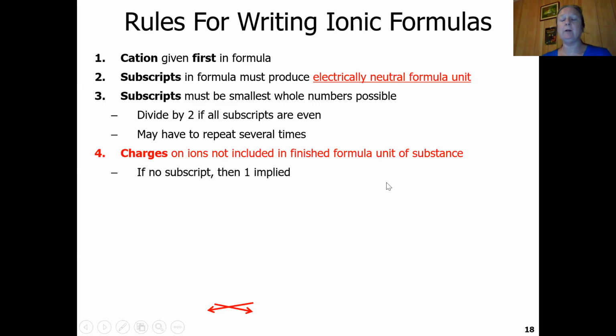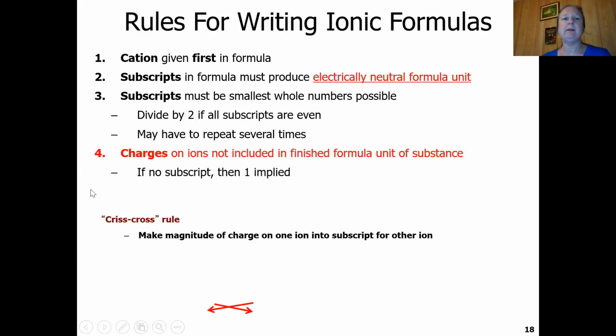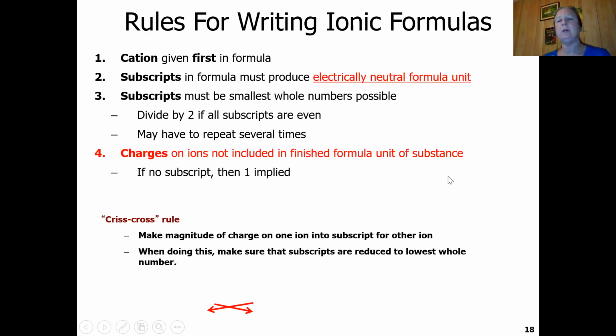So your final formula unit, your final chemical formula, is the simplest ratio. It can't be broken down anymore. And remember, a 1, we don't write the 1 down. So if there's just the element symbol, you know that there's one of those.